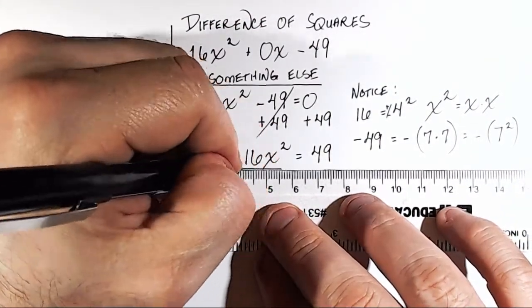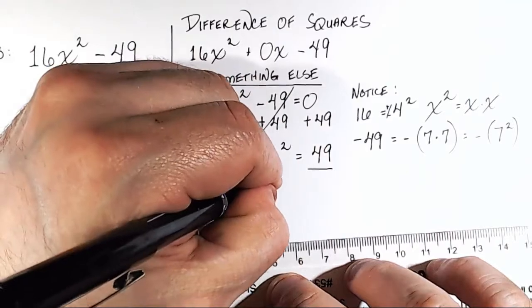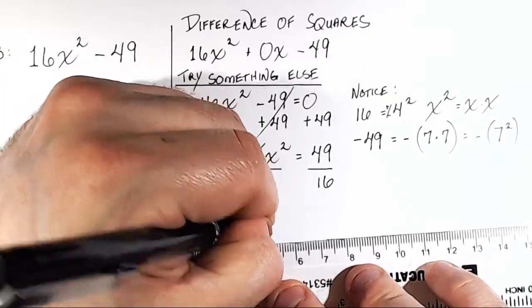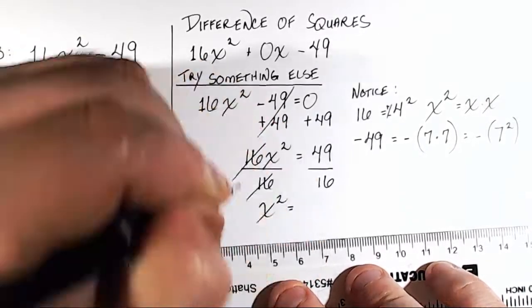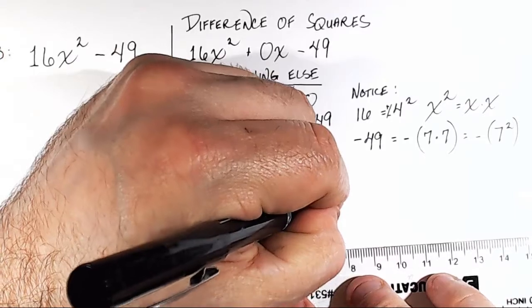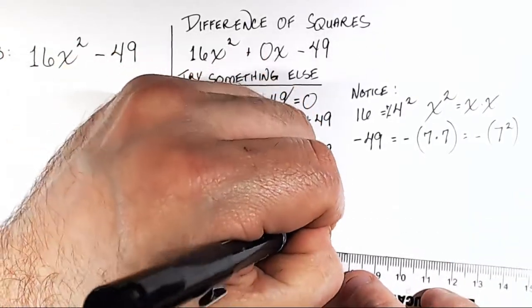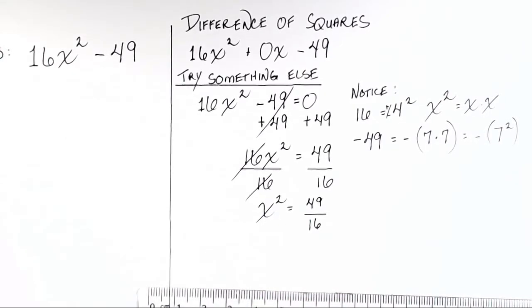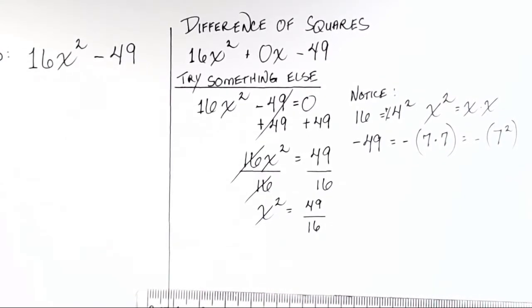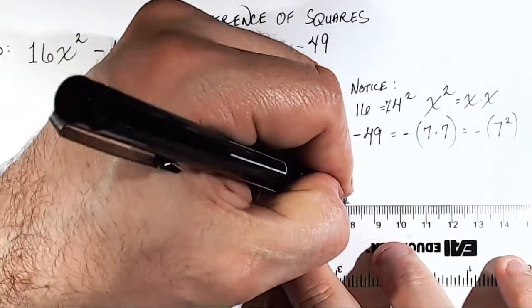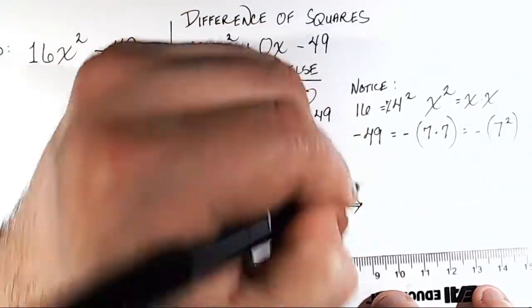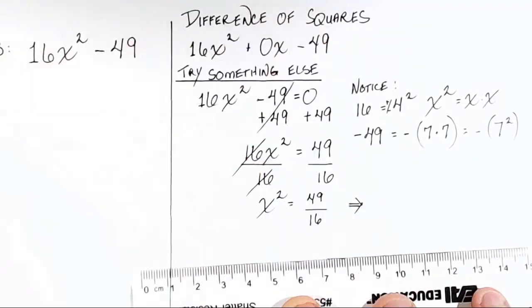Well, I want to get x by itself, so I'll divide both sides by 16. Canceling the 16 out on the left, I have now x squared equals 49 over 16. Resist the temptation to actually compute this. I want us to think about this for just a minute before we take the square root.